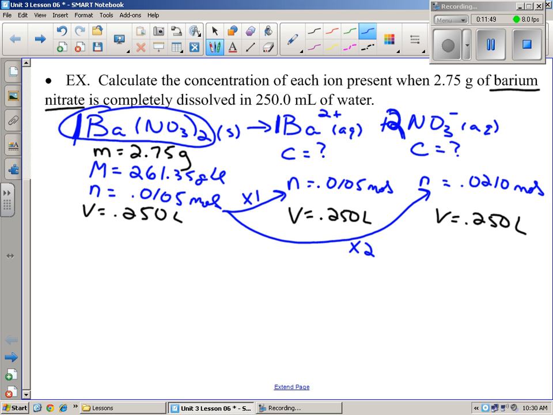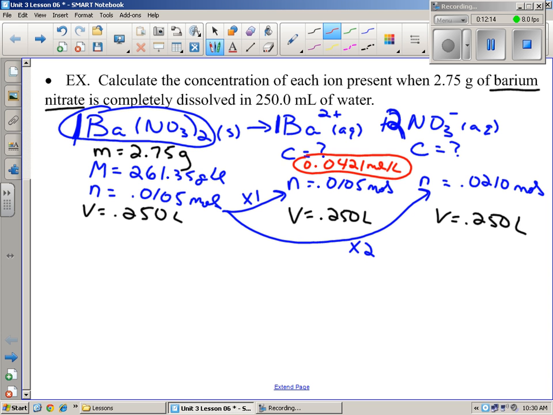So look, I have n and V for both of these, and I can simply find the concentration for each one of these. So if I divide it by the volume, I get here, I'm going to do the final answer here, 0.0421 moles per liter. n divided by V, of course, gives me C. All right?